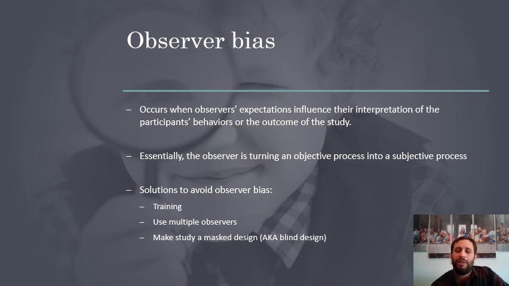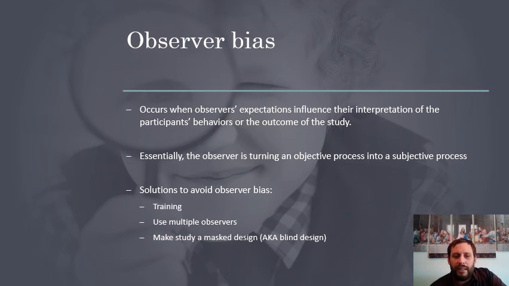We really have to question in observational research how much of this is subjectively coming from the observer themselves and how much is an objective process. It should be systematic, it should be objective. However, any time a researcher is performing the study themselves without a self-report from the participant, you have to question how well that observer is clearly defining the construct of interest, clearly measuring the variable, and many other things.